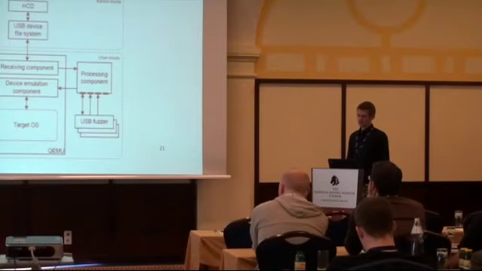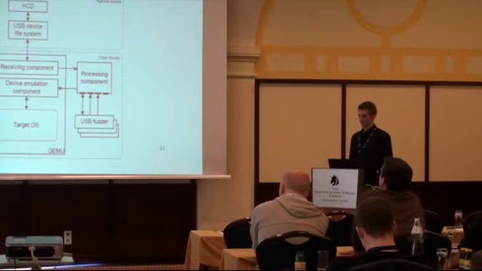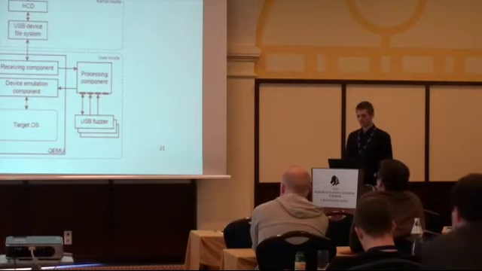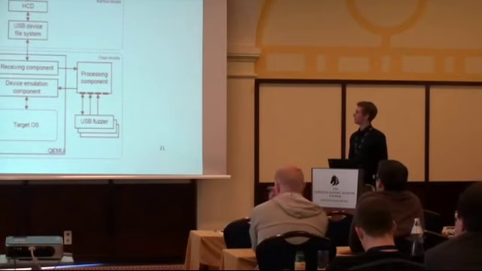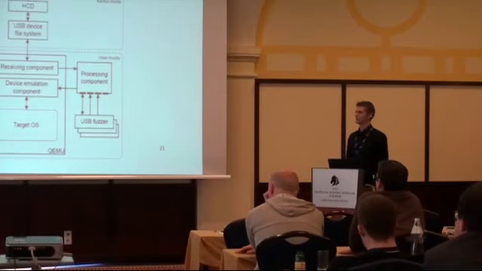And then our receiving component, which is implemented in QEMU, just gets the packets and passes them to the processing component, which is a separate Python library. The communication to the processing component works using named pipes. And then each registered USB fuzzer gets the chance to modify those packets. After that, all those packets are passed back inside QEMU to our device emulation component, which just passes the packets back to the target virtual machine.